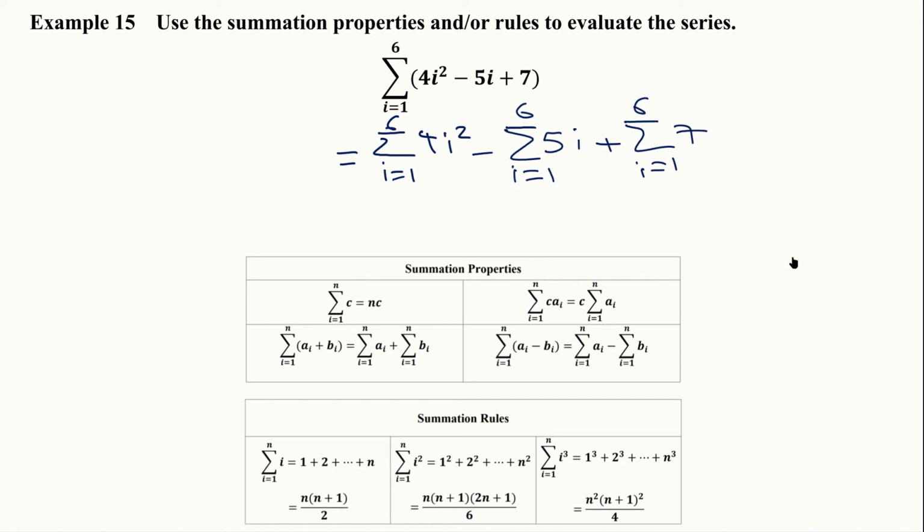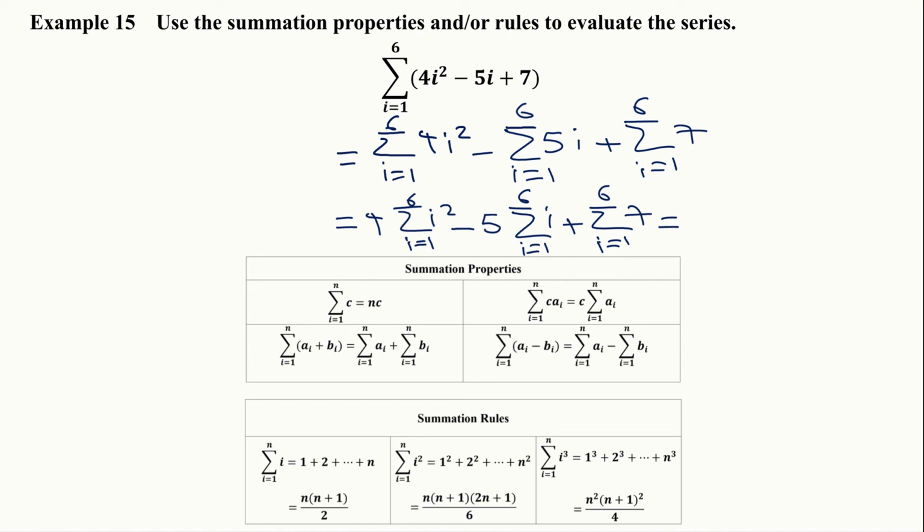Now I'm going to go ahead and apply the constant multiple rule to bring the 4 and the 5 out. So we get 4 times the sum from i equals 1 to 6 of i squared minus 5 times the sum from i equals 1 to 6 of i plus the sum from i equals 1 to 6 of 7.